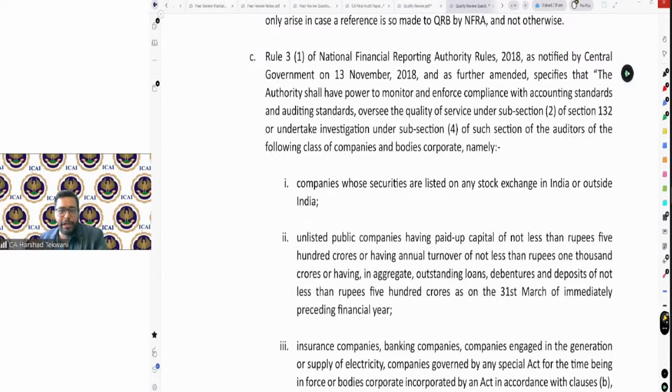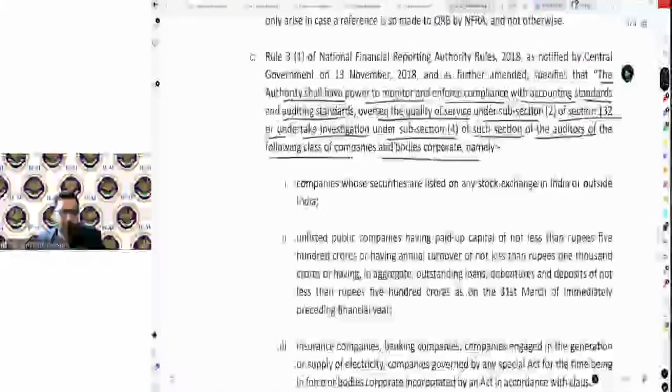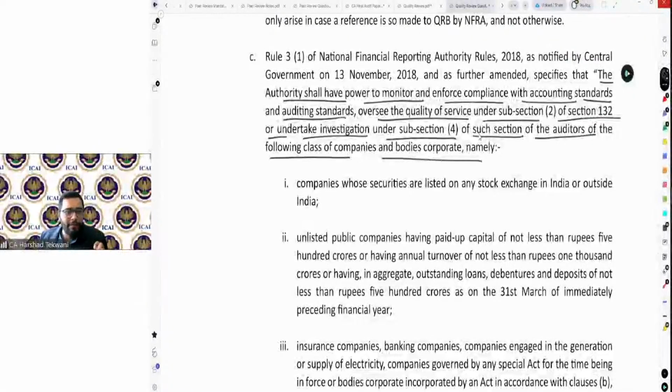If you read Rule 3.1, it says that the authority shall have the power to monitor and enforce compliance with the accounting standards and auditing standards, and to oversee the quality of service under sub-section 2 of Section 132. And when I talk about the authority, it is NFRA.